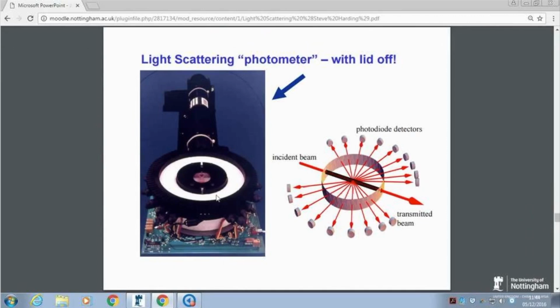So what happens is this is all coupled to this is the inlet from a column, and this is an outlet from a column. So you've got liquid going through this cell. So your solution passes through the cell. As it comes out the column, it goes through the cell, bigger particles first, smaller particles later. And when it goes through the cell, instantaneously, you've got this laser shining light through it, and instantaneously, these detectors pick up the intensity.